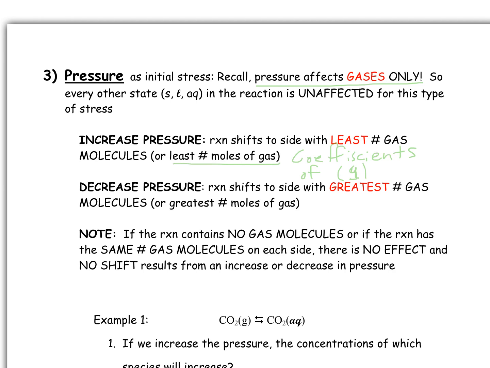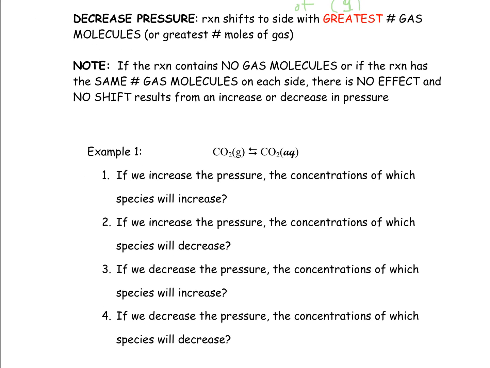If they're further apart, they'll collide less often. Therefore, that side of the reaction will occur less often. And note, if there is no gas molecules, or if it's the same number on both sides, then there's no effect, no shift.